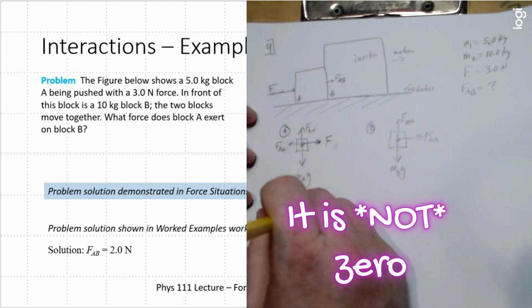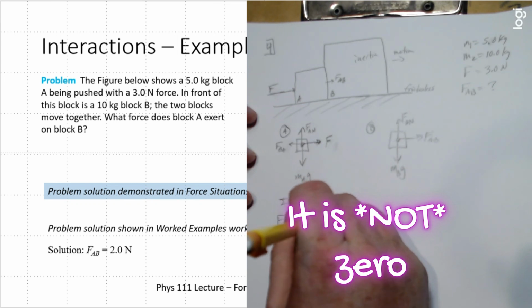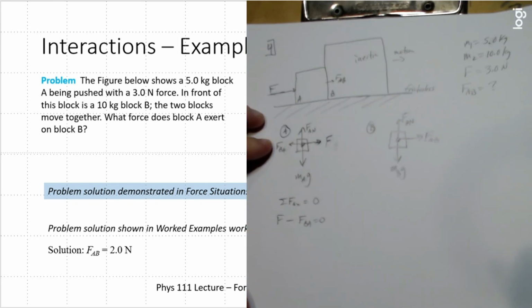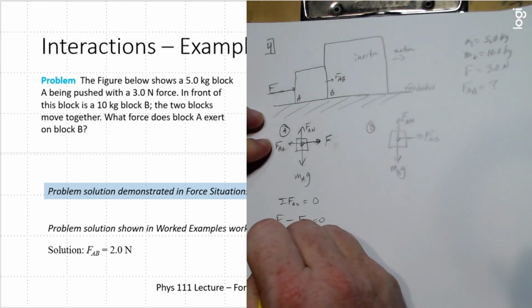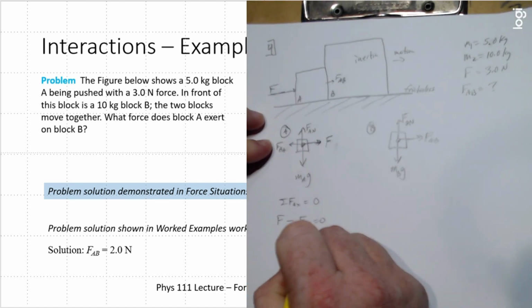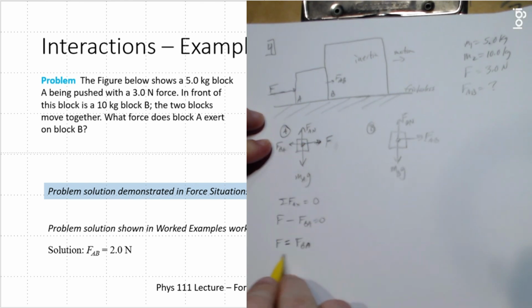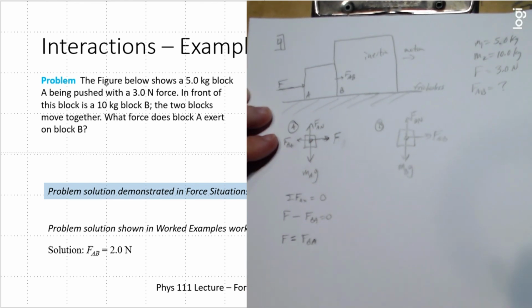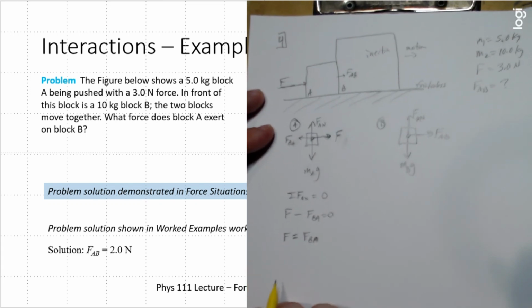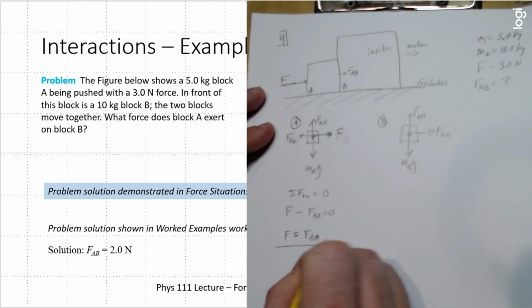That's going to be big F minus F_BA equals 0. F equals F_B on A. That tells us that, in this case, we know that this is 3 newtons, so that means that this is 3 newtons. Does that make sense? We'll swing back to that in a moment. All right, let's put a button on that one.